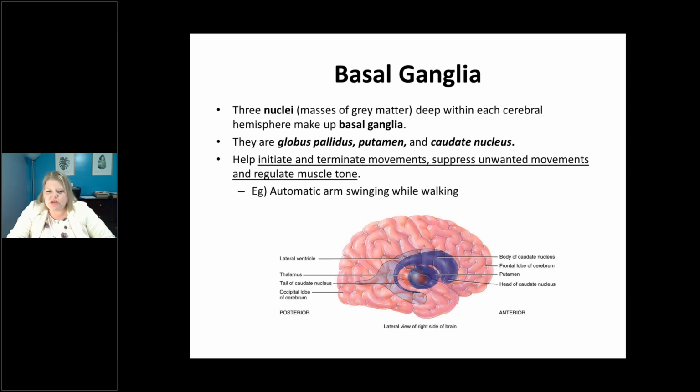I won't ask you about them. I put them in italics because they're terms you could be familiar with, but I'm not going to ask you anything very specific about them. What you need to know about the basal ganglia is that it helps to initiate and terminate movements. It suppresses unwanted movements and regulates muscle tone.